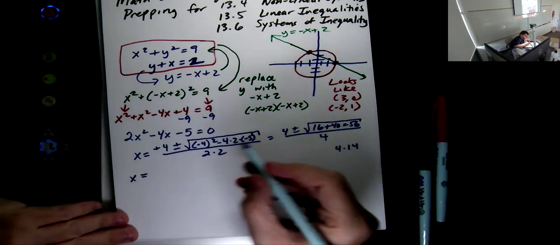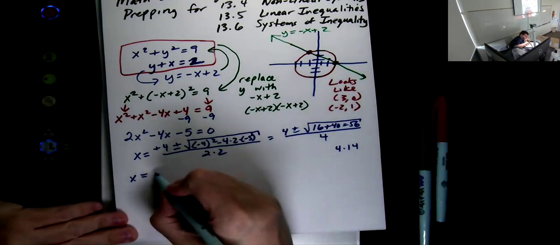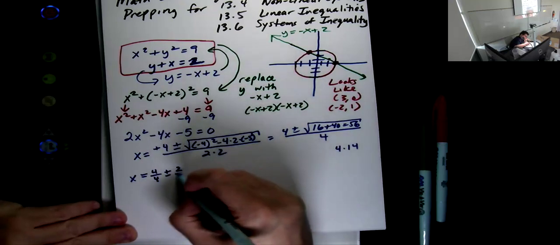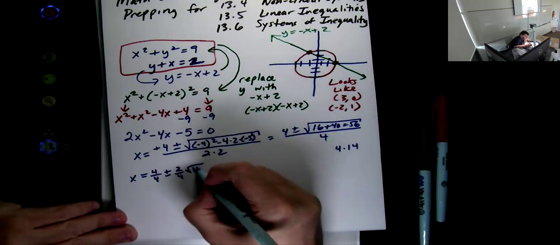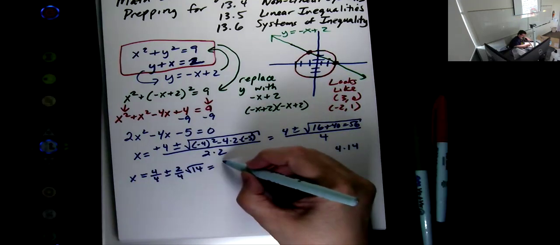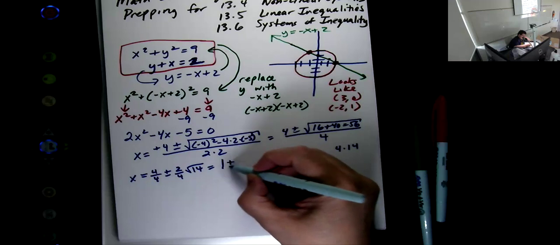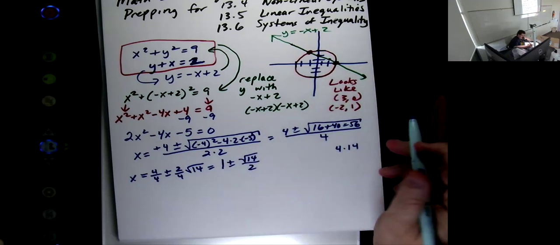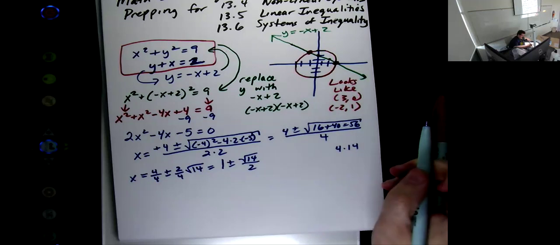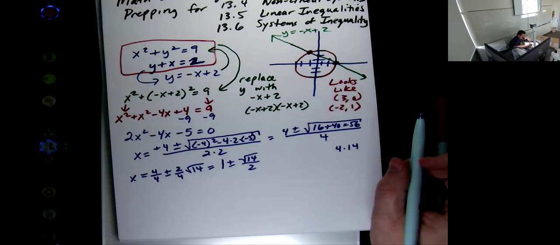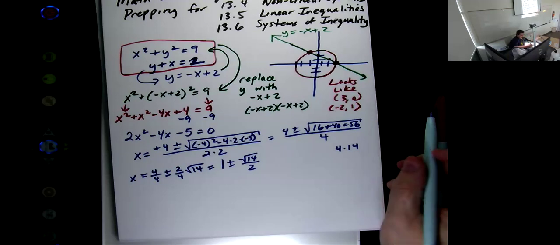So I could say x equals 4 over 4 plus or minus 2 over 4 square root of 14, which is (1 plus or minus square root of 14) over 2. That's the x coordinates. We need the y coordinates.